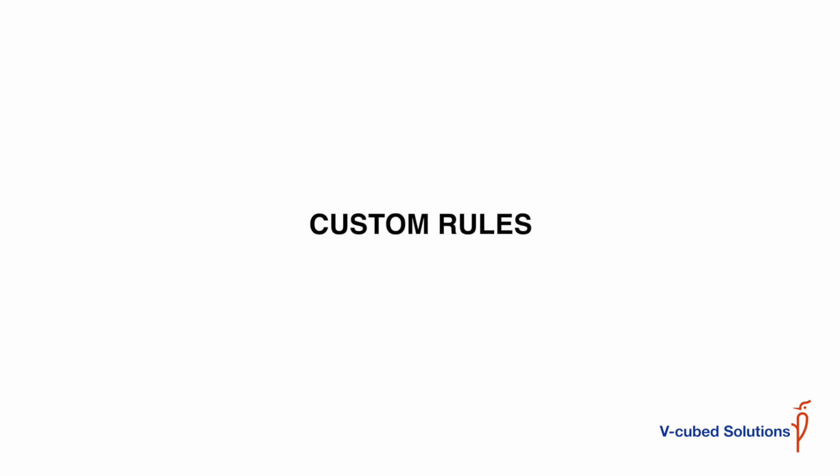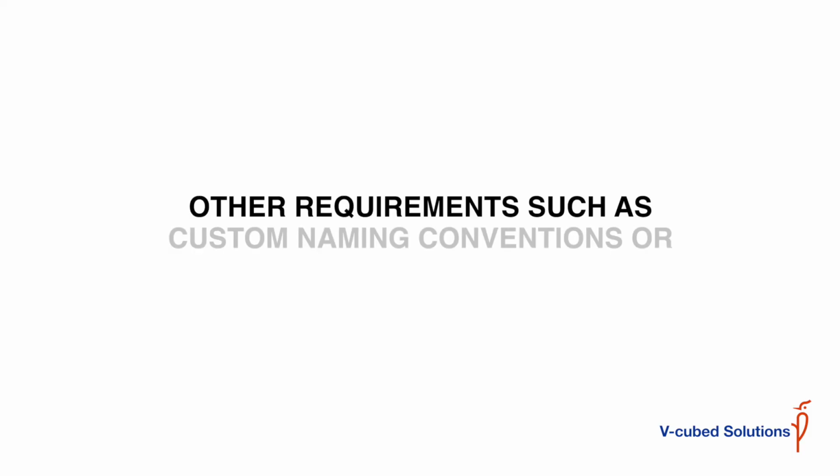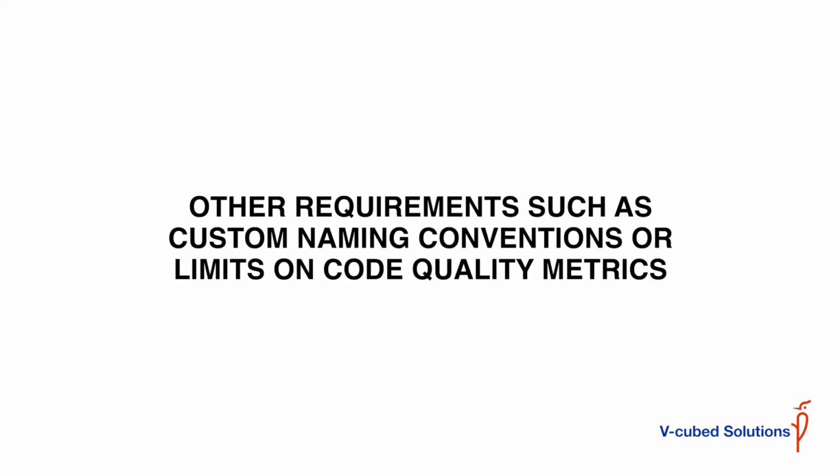If you're not in a particular industry, or if you are in a particular industry and you as an organization have other requirements above that, such as naming conventions or limits on your code quality metrics. For example, there's a metric called cyclomatic complexity, or coupling of a class, or cohesion. These are all just metrics of your code.